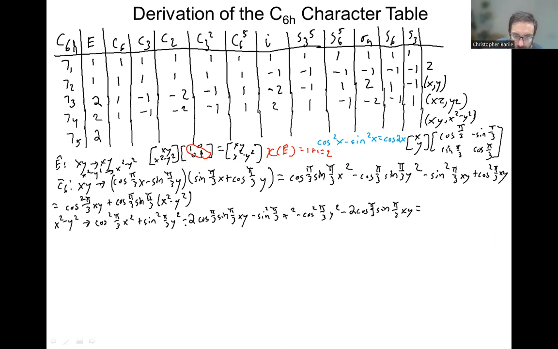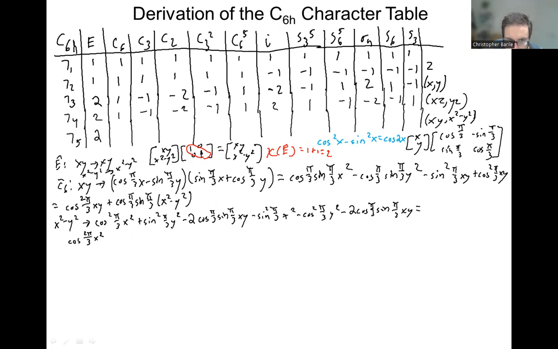And so now we can see we have some relationships here. Cosine squared pi over 3 x squared minus sine squared pi over 3 x squared. That is the same sort of trigonometric identity where it comes out to cosine 2x. So that's going to simplify as cosine 2 pi over 3 x squared.